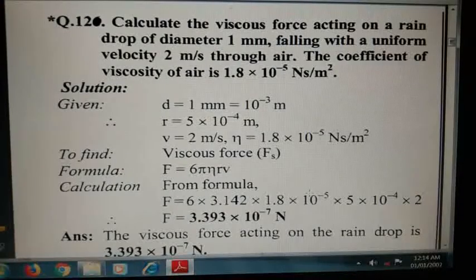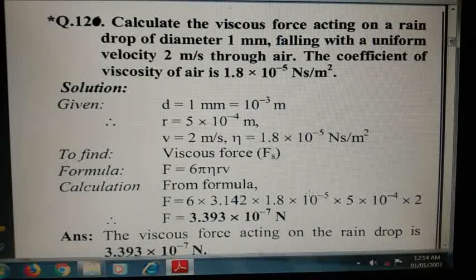Now problem number 12. Calculate the viscous force acting on a raindrop of diameter 1 millimeter falling with a uniform velocity of 2 meter per second through air. The coefficient of viscosity of air is 1.8 into 10 to the power minus 5 Newton second per meter square.